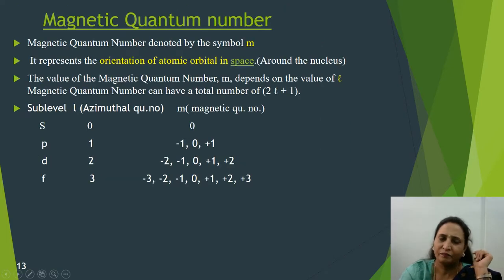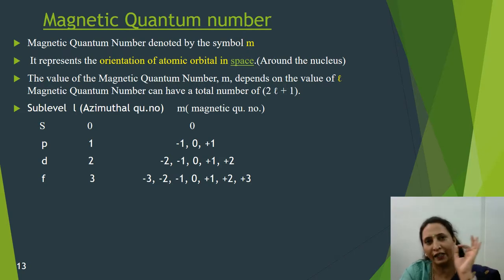Now when P is the subshell, L value is 1, m is equal to plus minus L, that is, started from minus 1, 0 and plus 1. So please keep in mind here that 0 is included in the magnetic quantum number, started from the minus value and going into the positive value.